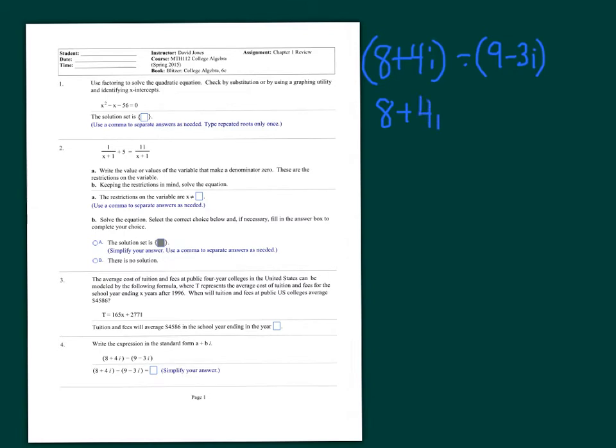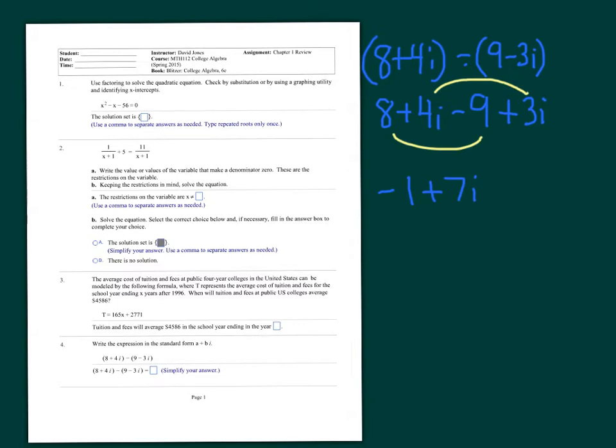8 plus 4i, and we're subtracting everything in that second parentheses. So we're subtracting 9. We're also subtracting negative 3i. And when you subtract a negative, that's the same as adding 3i. Then from there, we're just putting like terms together: 4i and the 3i, and the 8 and the negative 9. 8 and negative 9 gives us negative 1. 4i and positive 3i, we put those together just like regular variables, even though it's a complex imaginary number.